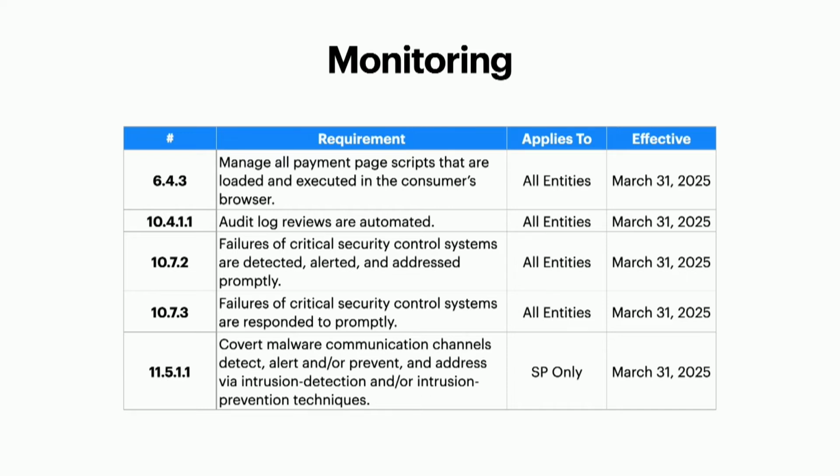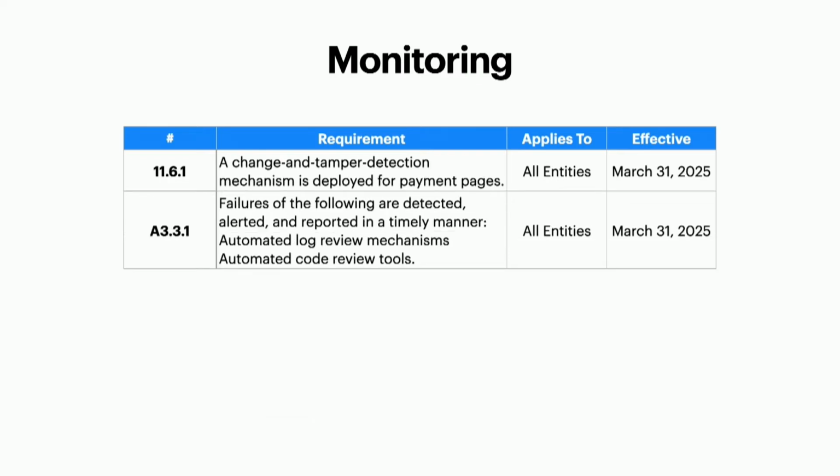And then in 11, they call out that you have to detect through IDS, IPS, EDR, or some other means, covert malware communication channels, so C2. That's SP only right now, but again, it's only a matter of time before it comes to merchants as well.